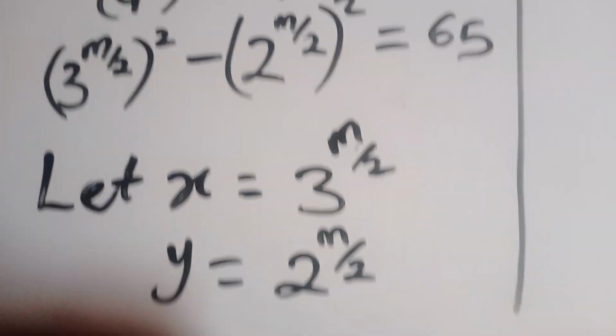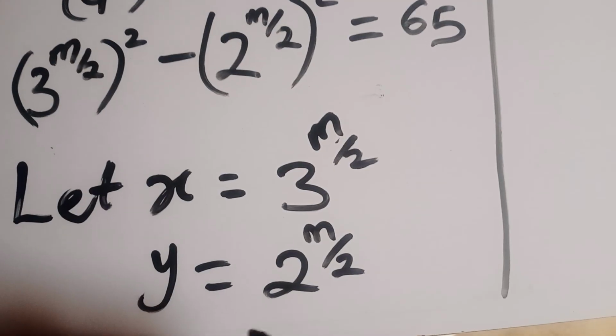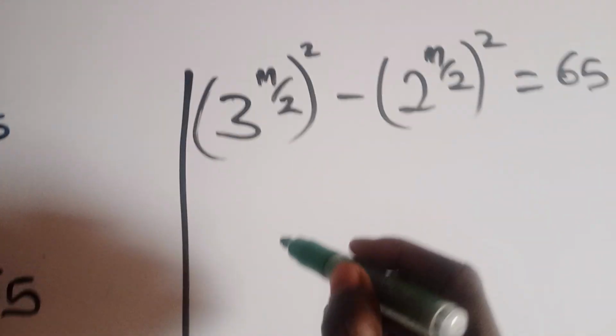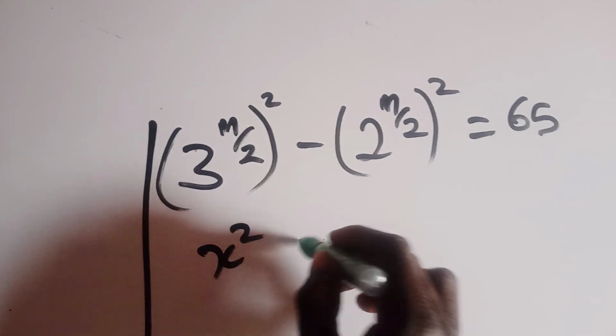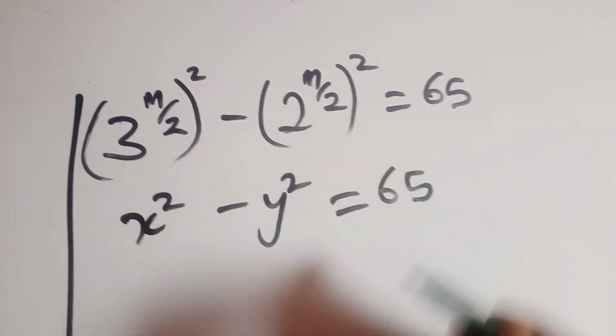I want to substitute for x and y by saying my x is equal to 3 raised to power m over 2 and my y is equal to 2 raised to power m over 2. So therefore I will be having x squared minus y squared to be equal to 65.